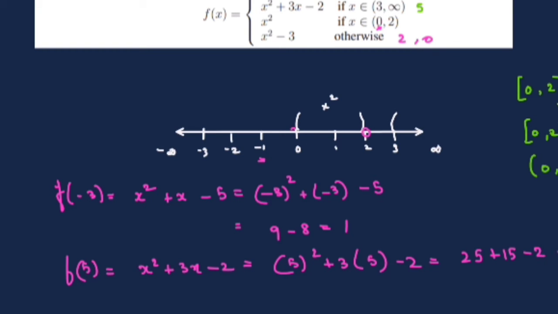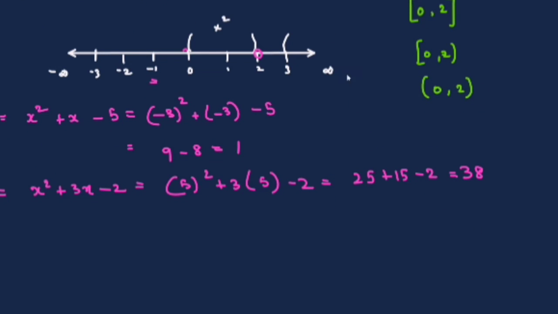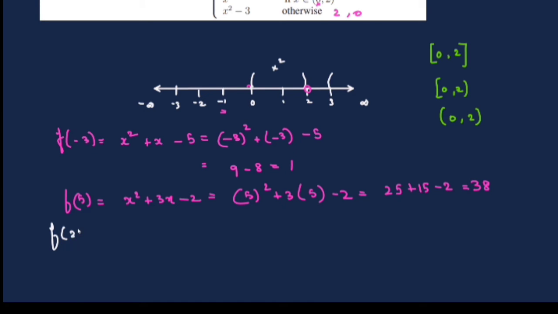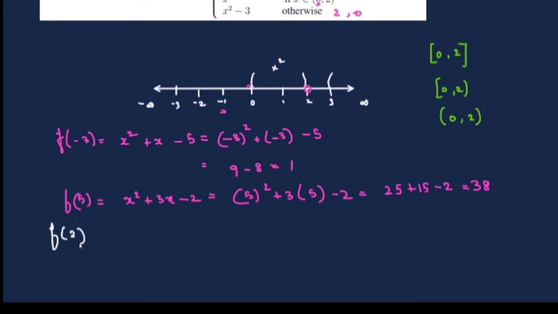What is that equal to? 38. Next one, f of 2. F of 2 is the last one, x square minus 3. That is 2 square minus 3, that is equal to 1.